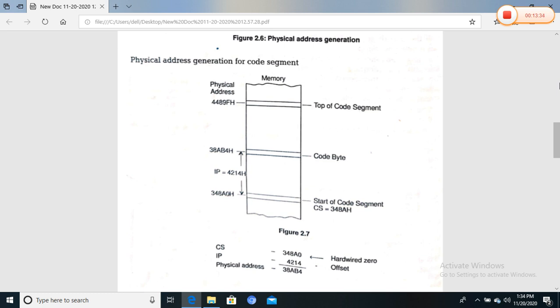In the 8086, the answer is in hexadecimal, so a number is represented in base 16.